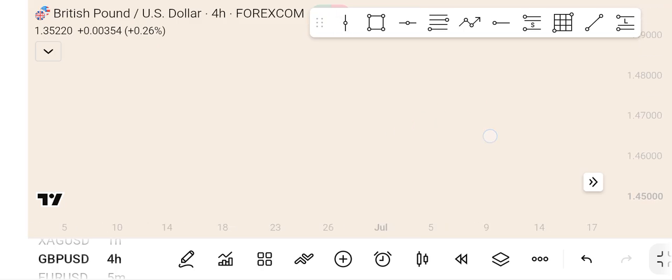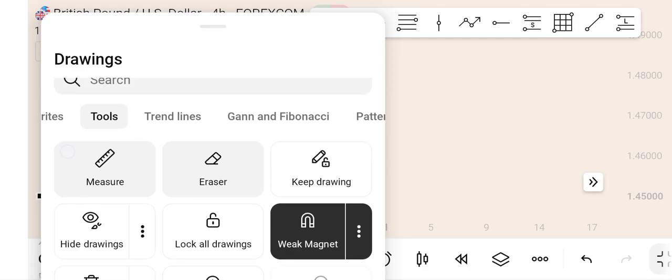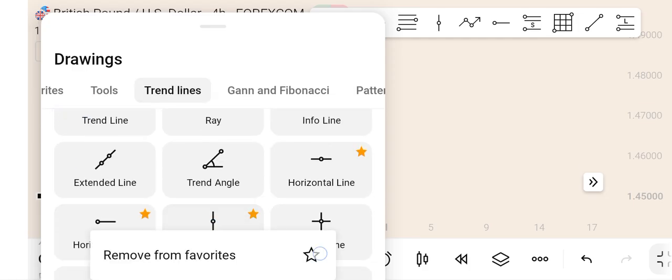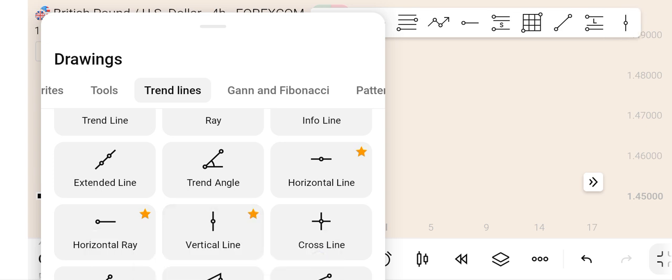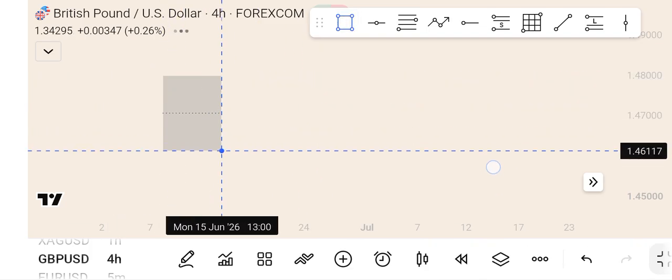Let me use this lining tool. I don't know why this thing is not working, but let me use this.